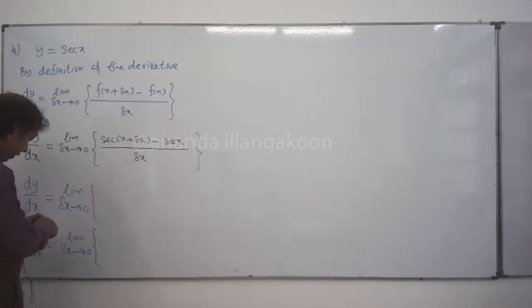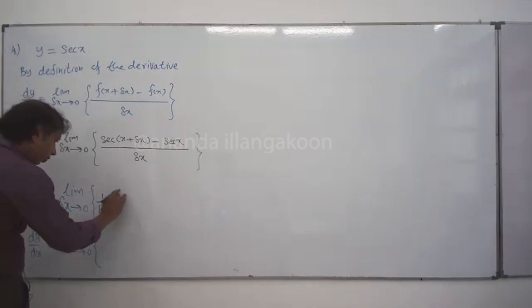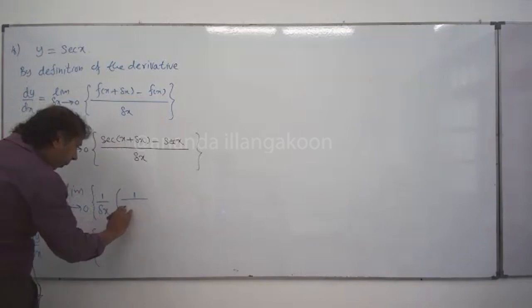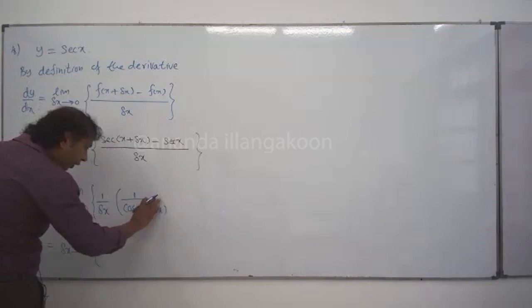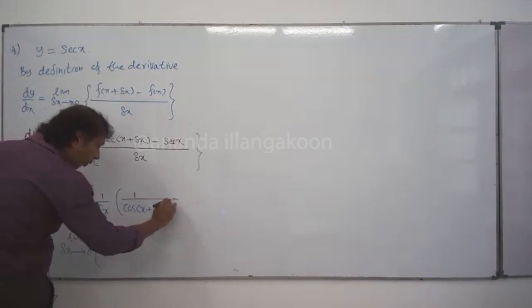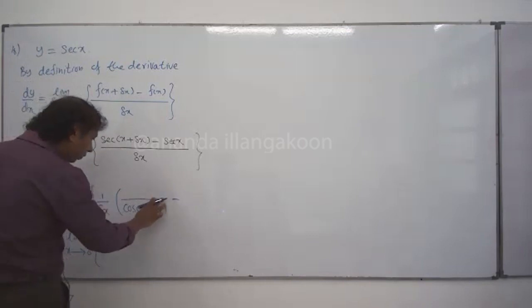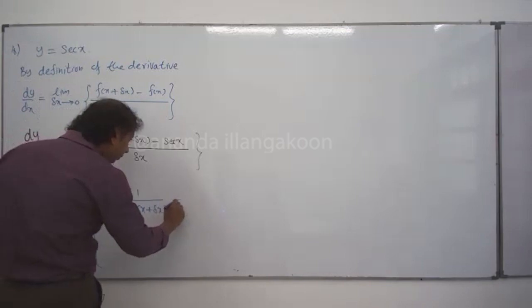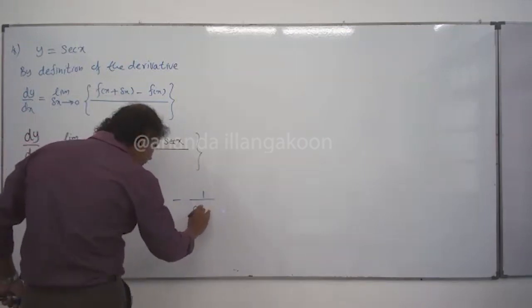This delta x I write like this, 1 over delta x. Sec(x plus delta x) we can write as 1 upon cos(x plus delta x). Sec means 1 upon cos, no? 1 over cos. Minus sec x means 1 over cos x.